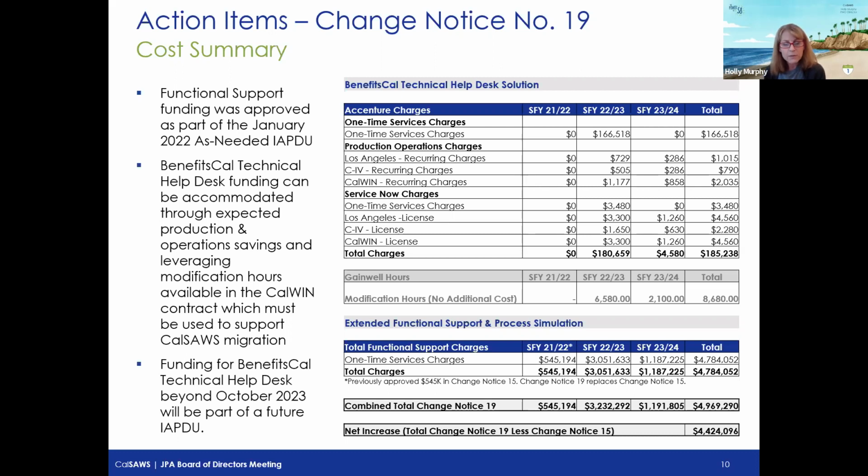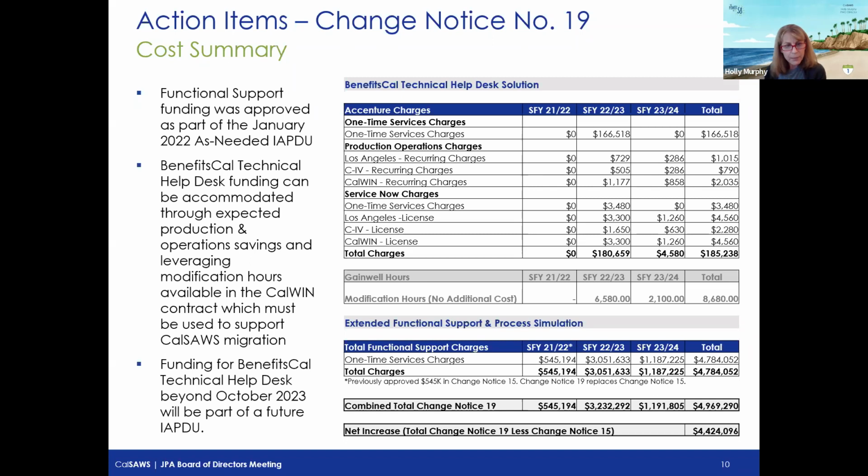So the just over 8,600 hours will support the Gainwell staff through October 2023. Those are staff that will be dedicated to answering the calls. There are no additional costs tied to those hours. These are already built into the fixed price of our contract. And then beyond October 2023, for the technical help desk, we would be pursuing additional funding through our standard annual IAPDU process.